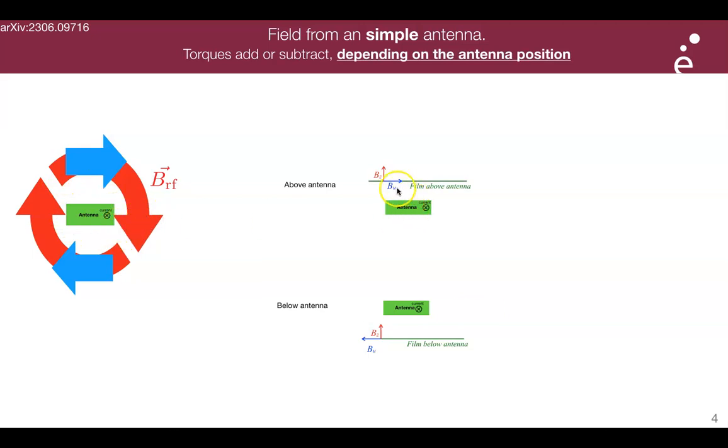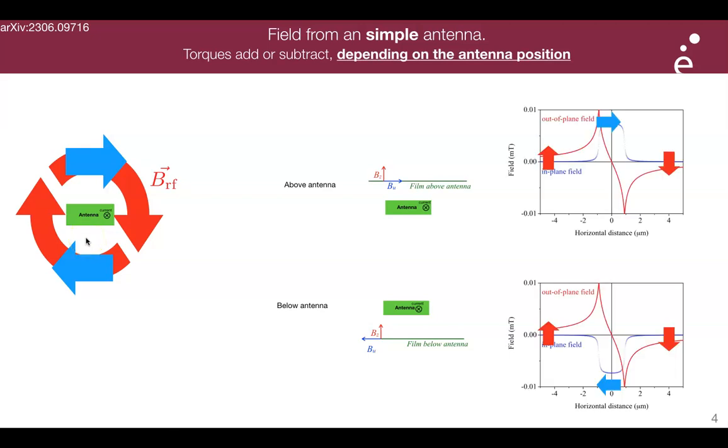And if your film is above the antenna, it will see a positive RF field pointing to the right, and either a negative or a positive out-of-plane field, depending on where you are exactly. But what happens if you reverse the position and you are below the antenna is you reverse the in-plane fields, the blue arrows, but you do not reverse the out-of-plane fields, which are the red arrows.